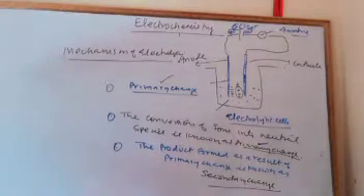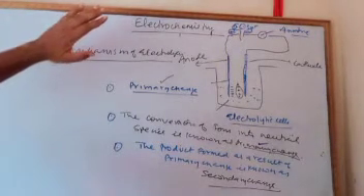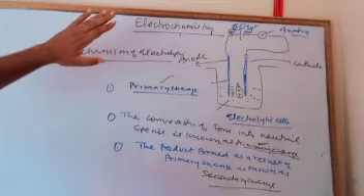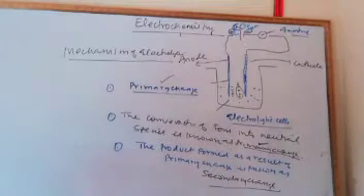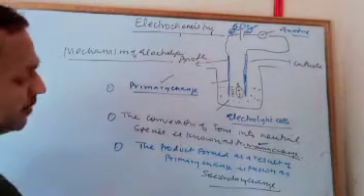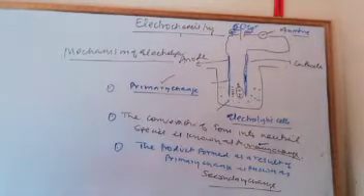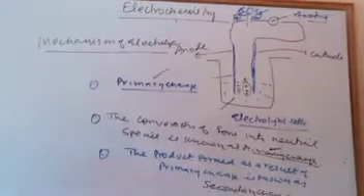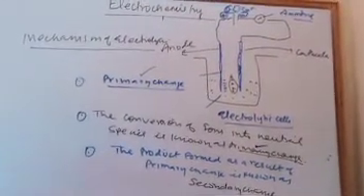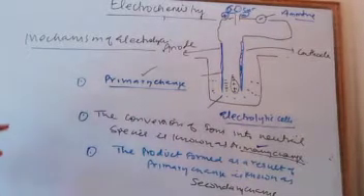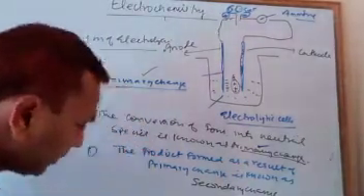Now the next point: when electric current is passed, both the cations of the electrolyte and the hydrogen ions from water move towards the cathode, and the anions of the electrolyte, such as OH ions, move towards the anode.